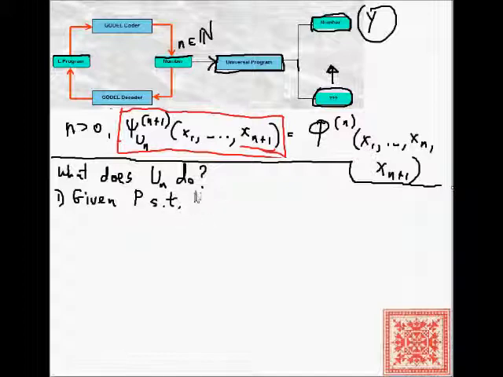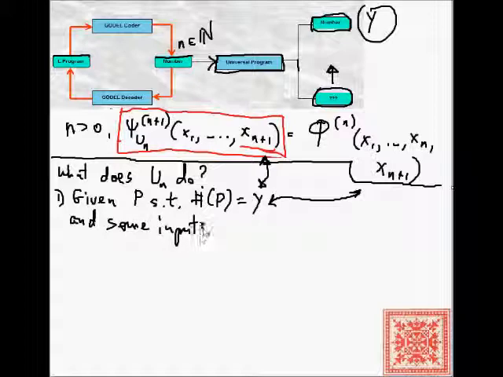It is given p such that the number of p is y, that is, p compiles to y, and that's the value of x sub n plus 1, and some inputs to p. In fact, n inputs to p, because p must be a program that takes in inputs.